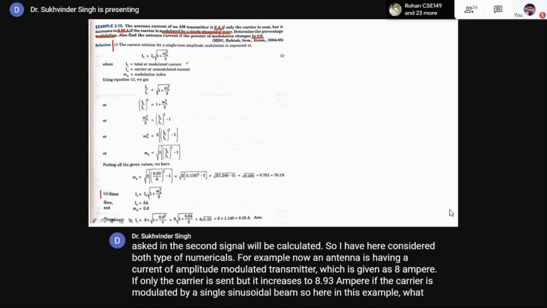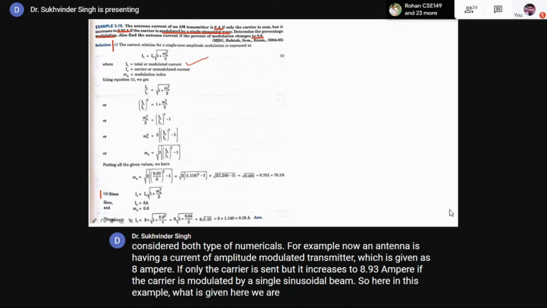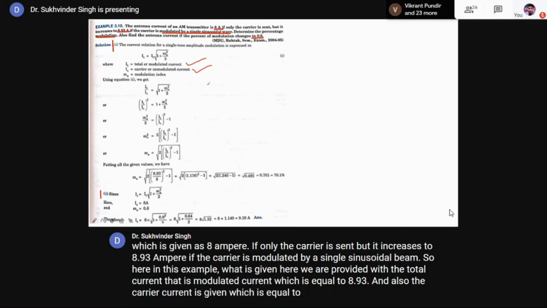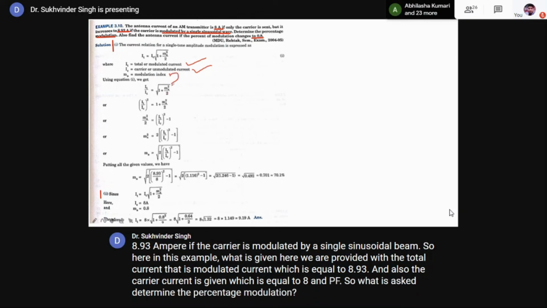Here we are provided with the total current, that is modulated current, which is equal to 8.93, and also the carrier current is given, which is equal to 8 ampere. So what is asked? Determine the percentage modulation. So it means we have to use the power formula to find the modulation index.